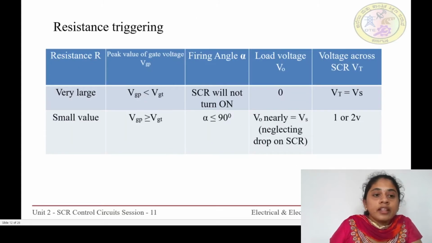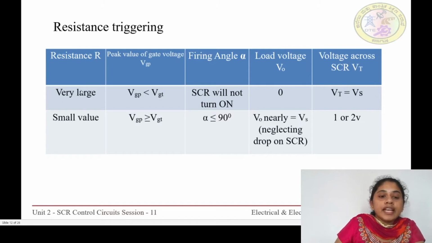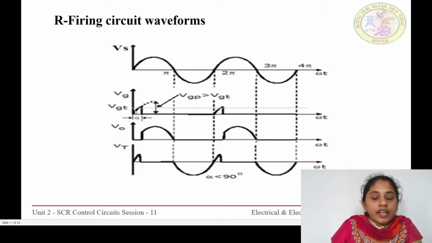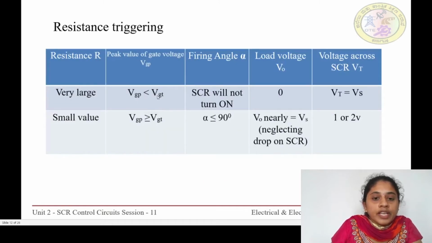Now let us see the comparison with increase in the resistance, and if the resistance is very less, what are the parameters. If the resistance is very large and the gate voltage is less than VGT, where VGT is the gate threshold voltage, the SCR will not turn on.